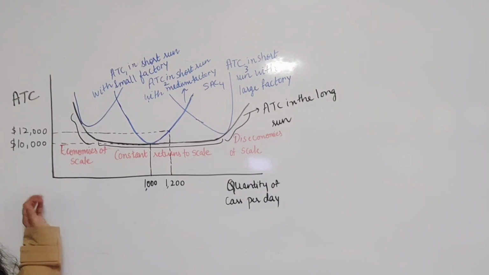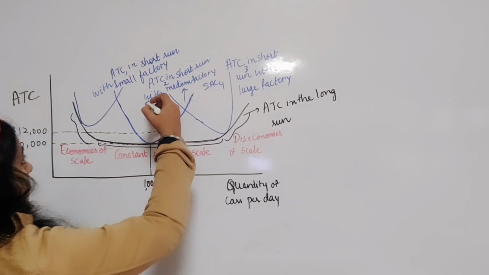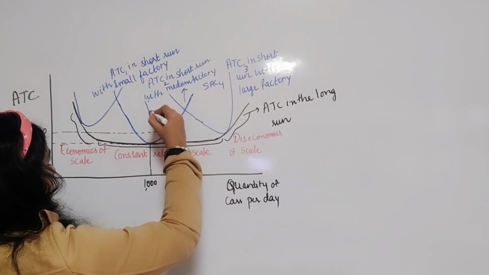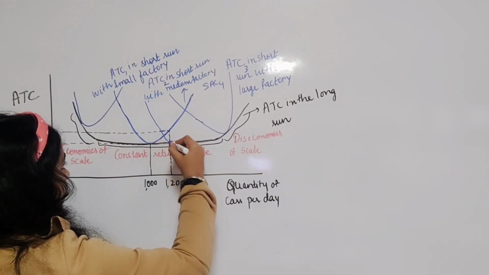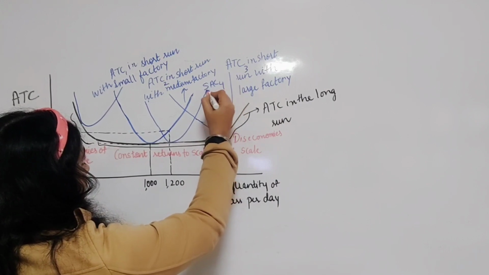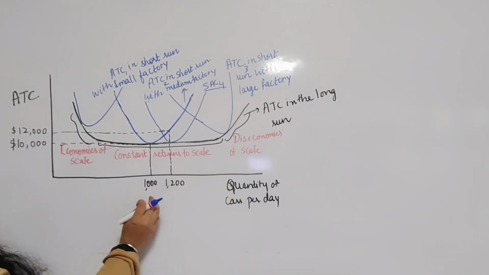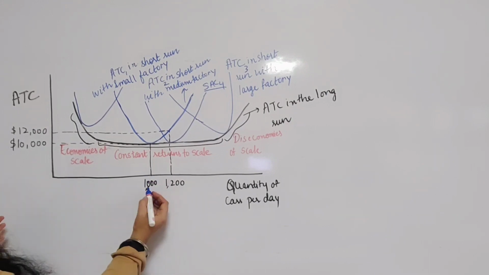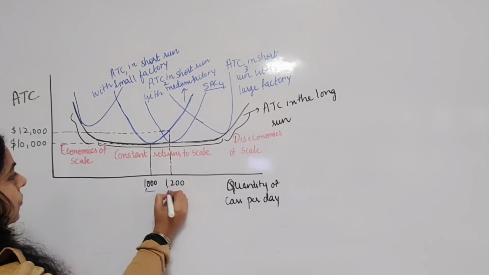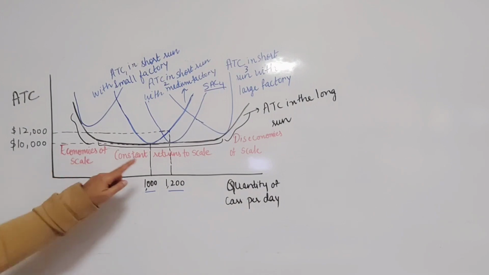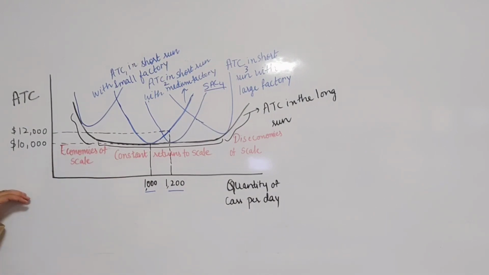Here, if we relax the assumption of only three short-run average cost curves, and we have another short-run average cost curve representing a different plant size, SAC4. In this case, if the firm increases its production of cars from 1,000 units to 1,200 units, it can still produce at an average total cost of $10,000.